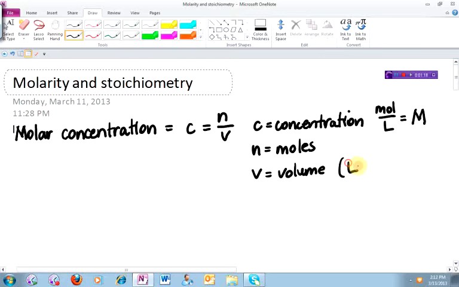Now remember, this has to be in liters. Moles is in moles. So if you're given milliliters, you always need to convert to liters in order to use this particular formula.